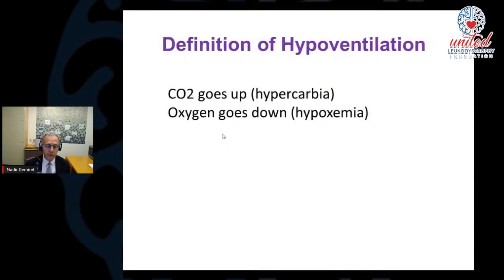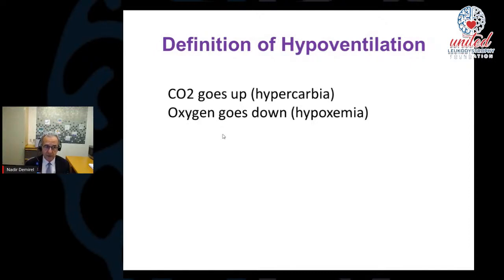So I hope all this makes sense, because I think it's important for you to understand how we think about your child's respiratory problems. And this may sound theoretical, but this is how we think.